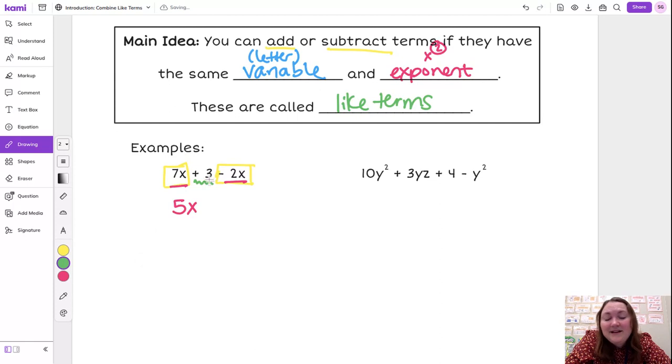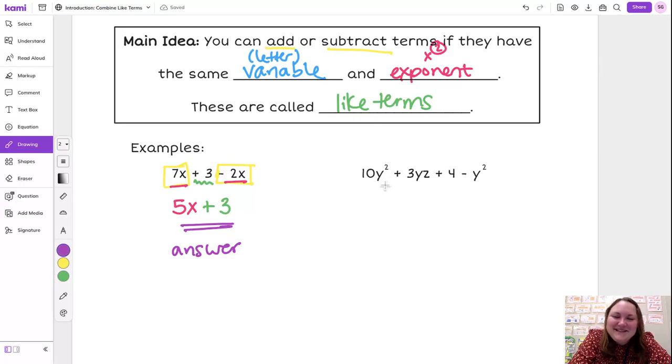We said we cannot combine the plus 3, so I can't do 5 plus 3. I only need to copy it down. So I copy plus 3, and this right here is our answer. There is no more math I can do because I cannot add 5x and 3 together. So that is it. We are done.